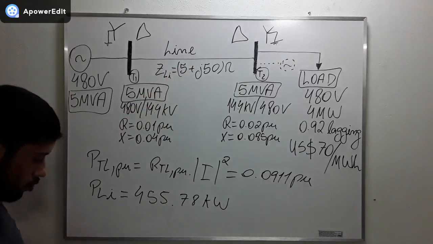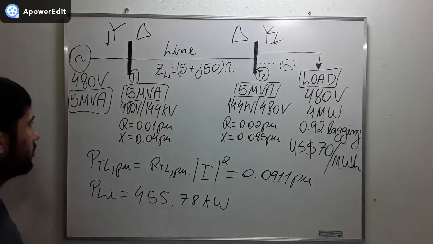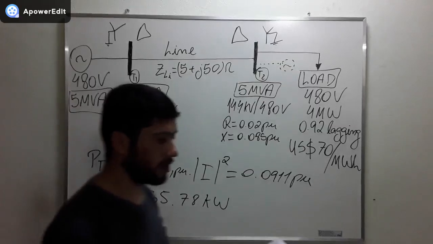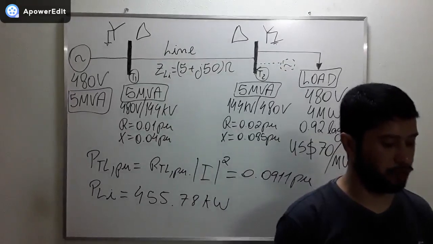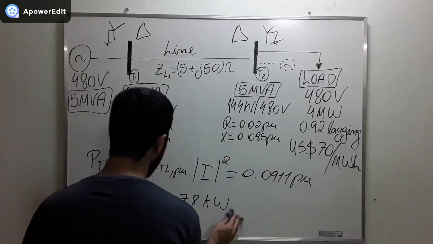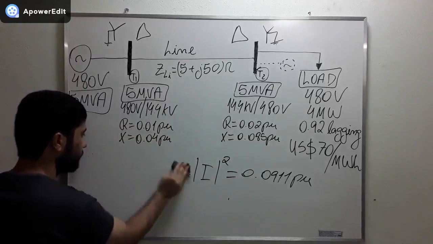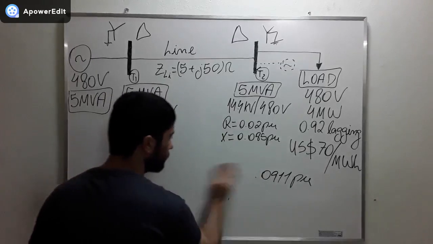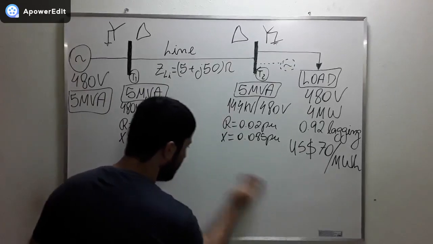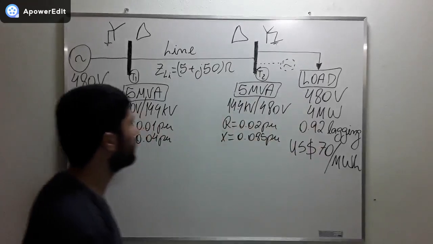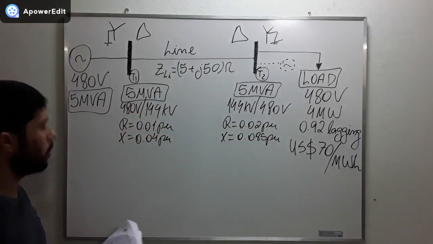Now what we need to do is to calculate the other losses. There will be losses in transformer number 1, and this is exactly what we need to find. We're going to use the same expression to find the losses in transformer number 1.